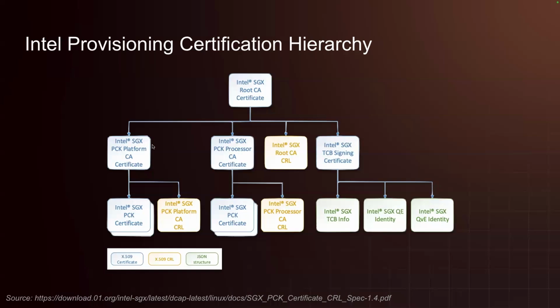Yeah, so this is a little bit tricky, because for example the verifier will actually need the intermediate certificate and the root certificate. It depends on to what level the verifier wants to verify the certificate. For example, the verifier can just say that I trust the Intel SGX root CA certificate, and that way we don't have to verify that the intermediate certificate is legit.